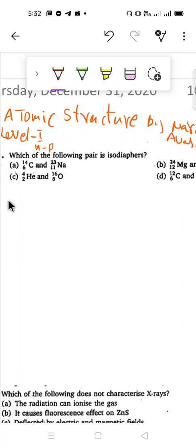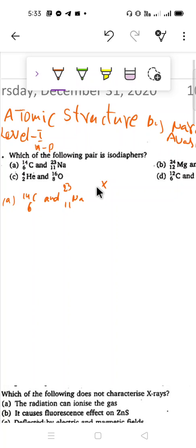First one, option A, they have given carbon 6, 14 and sodium 23, 11. Let us compare this with our known topic.